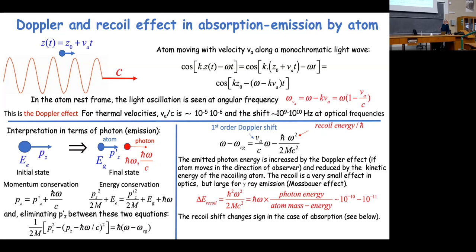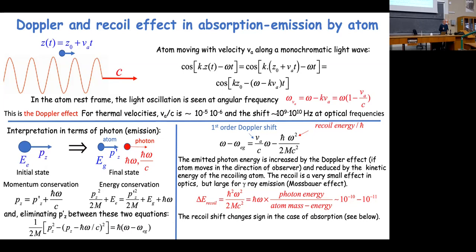Now, the orders of magnitude are very easy to evaluate. H bar omega is of the order of 1 electron volt, that's the energy of an atomic transition, and mc squared is of the order of tens of giga electron volts, that's the rest mass energy of atoms. The ratio is about 10 to the minus 10, 10 to the minus 11, so it's a very small effect. But it's still an effect which we have to take into account in high resolution spectroscopy.